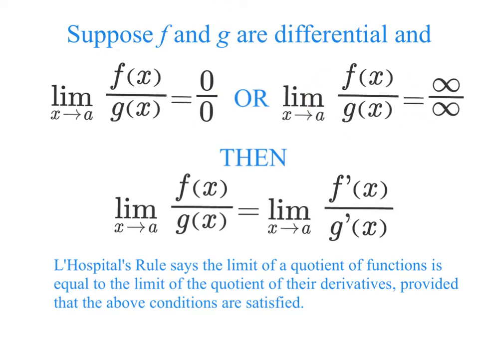And when that happens, we had some different strategies, especially for the 0 over 0. We would try to simplify, factor the numerator and denominator, cancel out that problem factor, and then plug in our a value. We would rationalize if it was a radical, or we would try to combine like terms or do something of that manner.